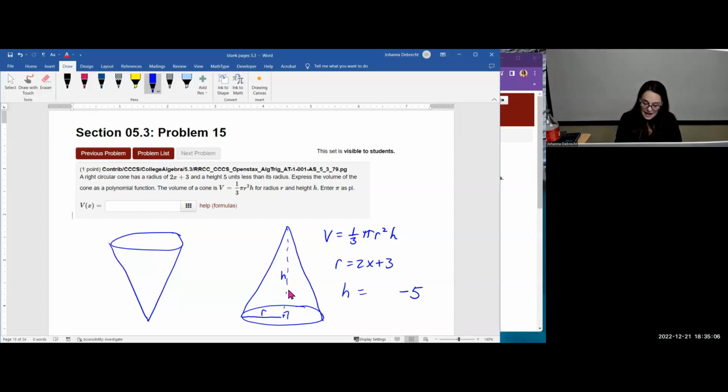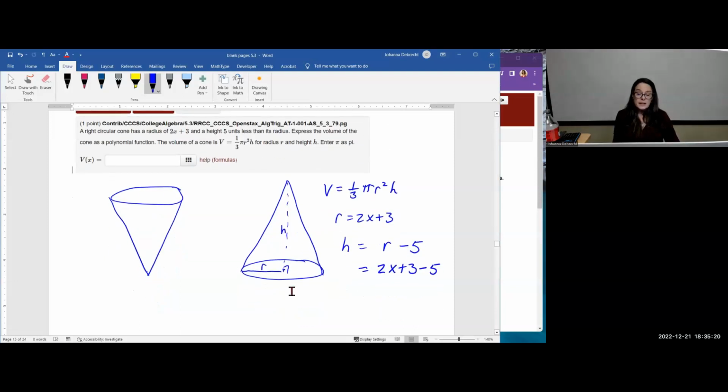And it's less than its radius, so this is r. Now r is 2x plus 3, so I can substitute 2x plus 3, and then I still have minus 5. When I combine the 3 and the negative 5, I get that h is equal to 2x minus 2.